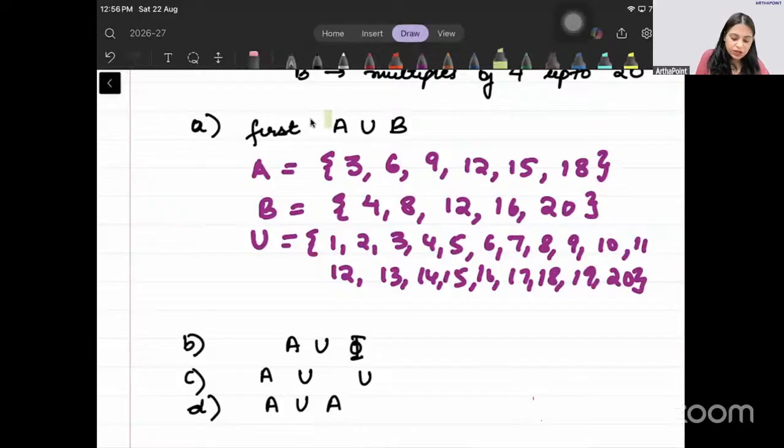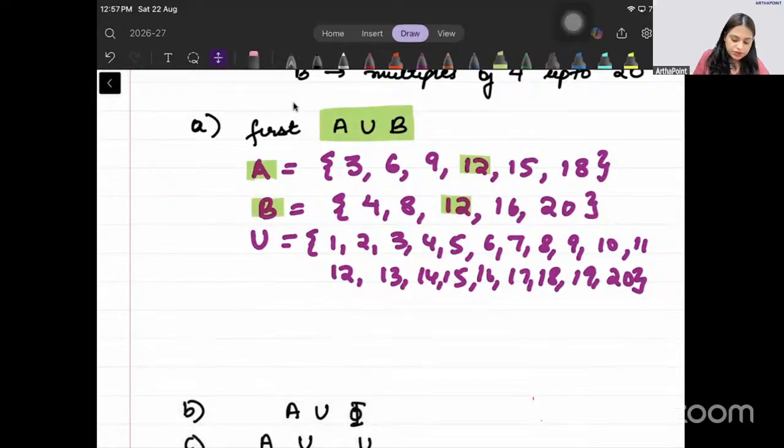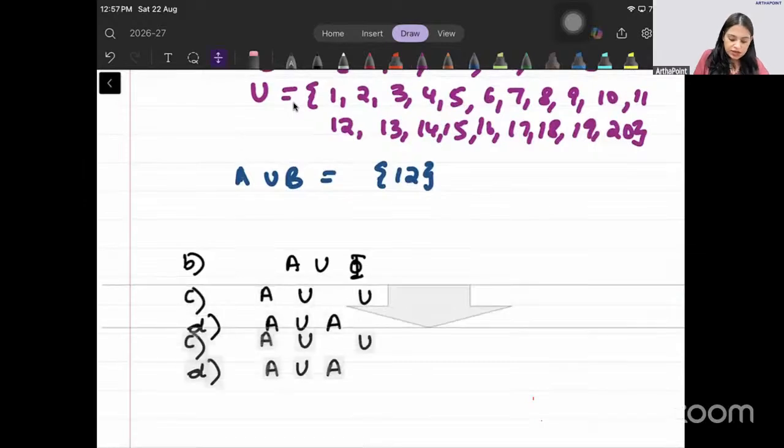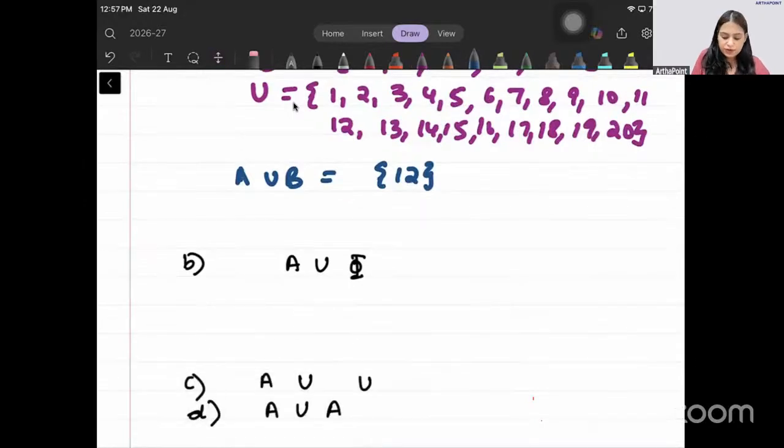It's saying find A union B. So common between A and B. So it will be 12. Correct. It is saying A union null set. Null means empty. So it will be the set A itself. Then it says A union universal set.